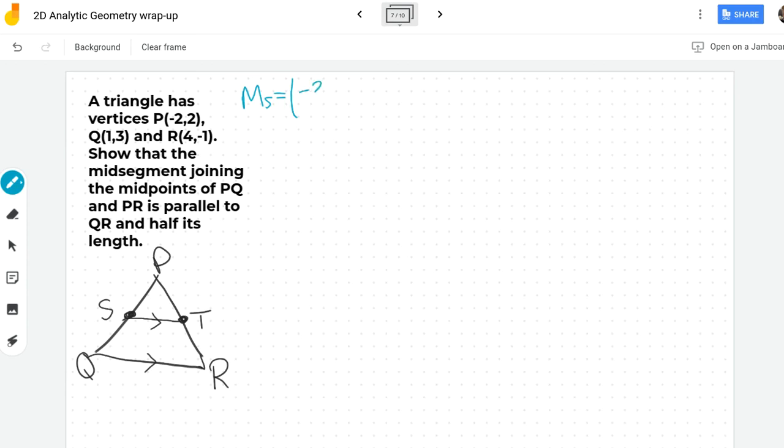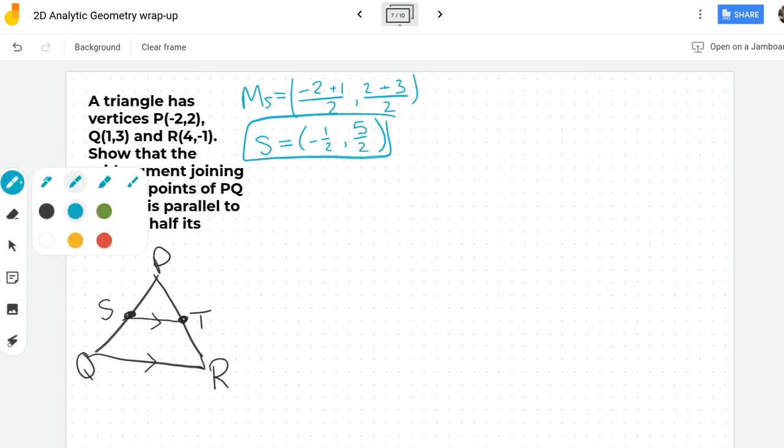So -2 plus 1 over 2, and then 2 plus 3 over 2. -2 plus 1 is -1 over 2, so -1/2. 2 plus 3 is 5 over 2. So this is the coordinates of point S.